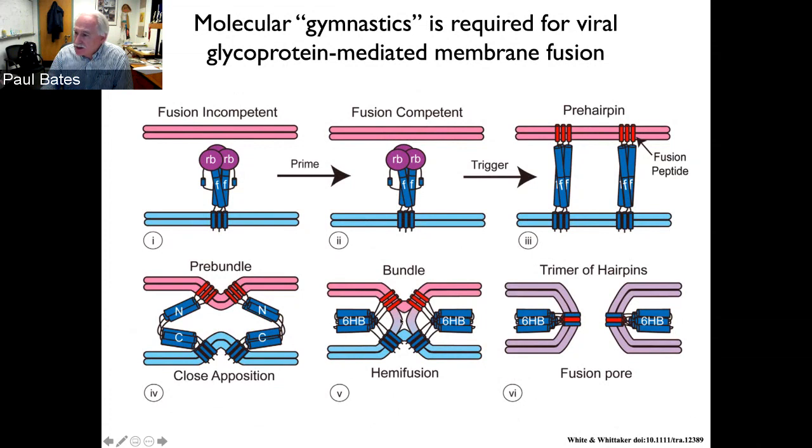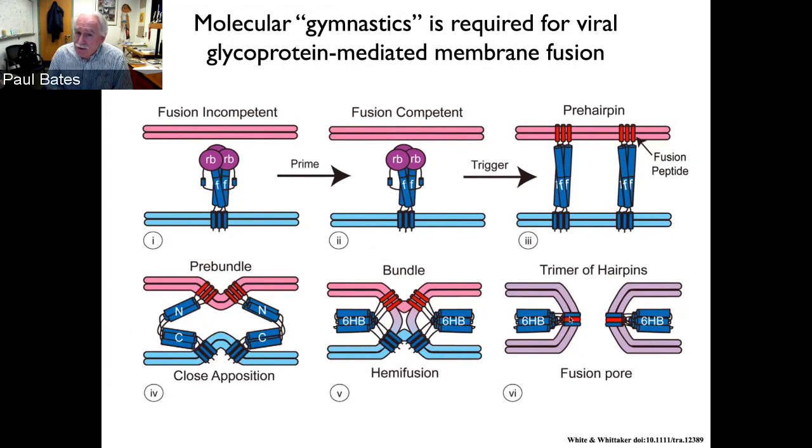That allows these membranes to become very closely opposed and start mixing. Then there's resolution of what we call the hemifusion intermediate to form a fusion pore, and this final structure, where both ends of this protein that were in opposite membranes are now in the same membrane together.